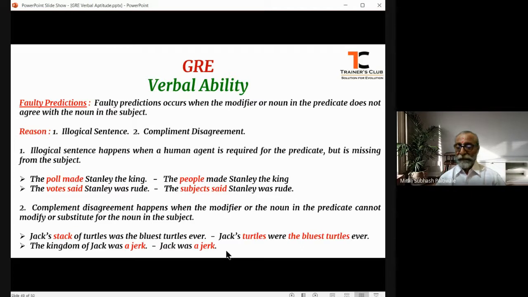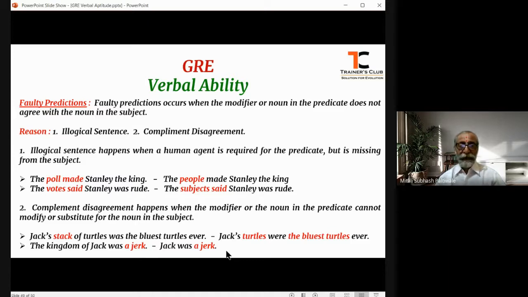There is no need for the turtles to be called a stack. There is no requirement, so we can simply put that sentence as: Jack's turtles were the bluest turtles ever.